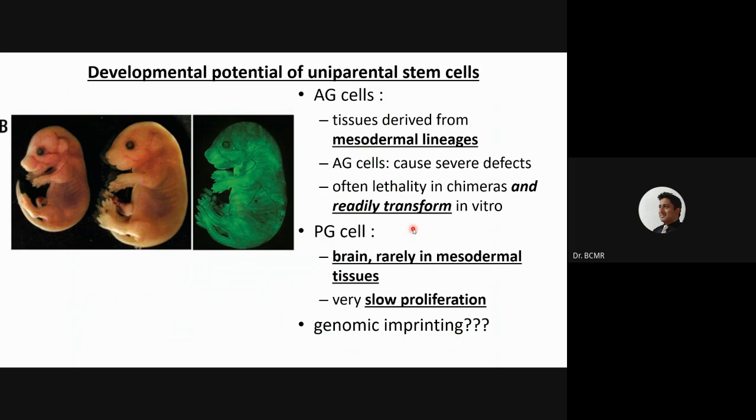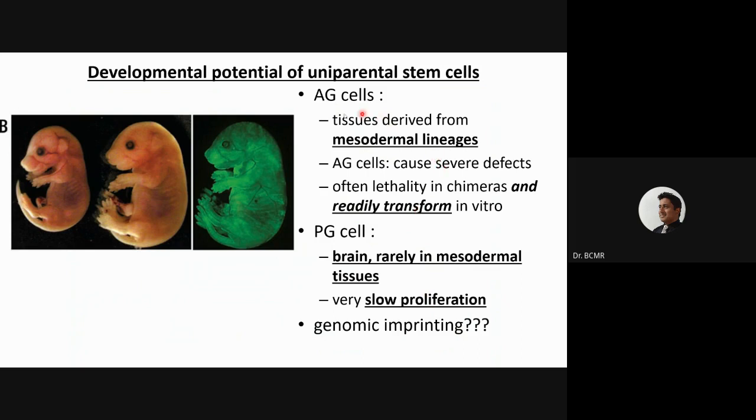And when you say they can readily transform, that means they become cancerous, right? They are not under the control of cell cycle regulation. Whereas GG or parthenogenetic or gynogenetic ones give rise to mostly ectodermal lineages like brain and so on, but very rarely mesodermal lineages. And they are very slow growing.